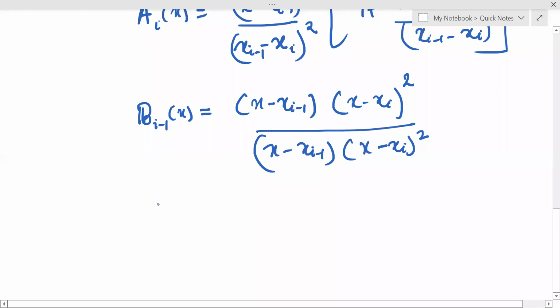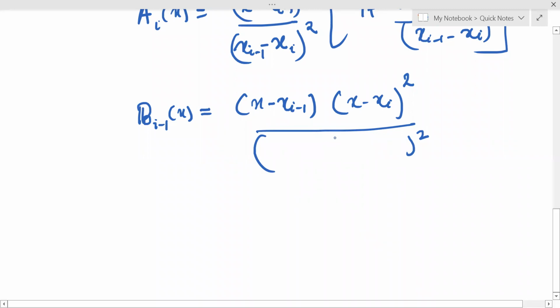Wait, one minute, that is x_i. For b_{i-1}, x minus x_i whole square times x minus x_{i-1}, so this is wrong actually. What is this value?